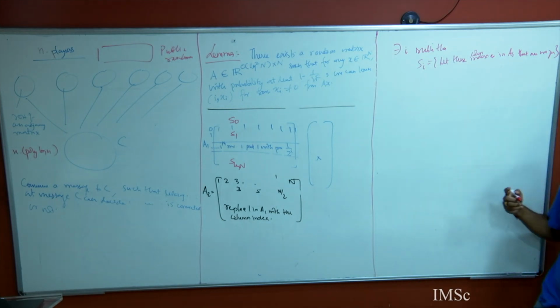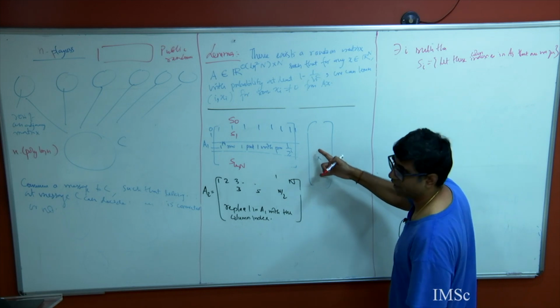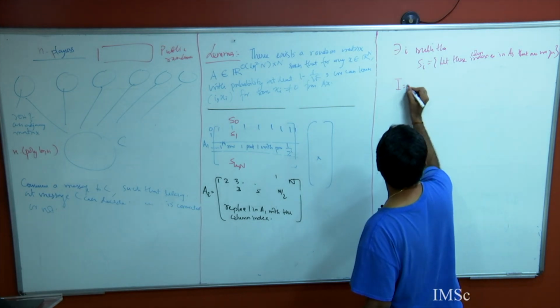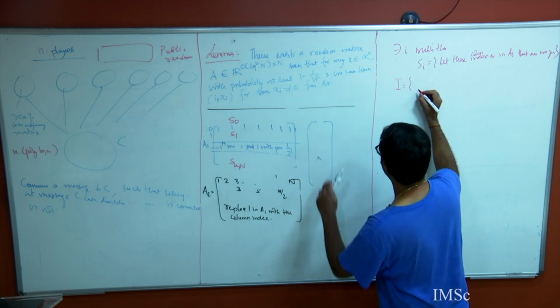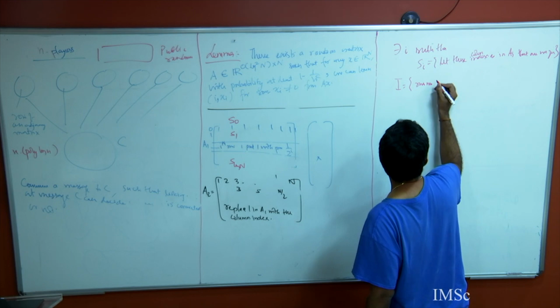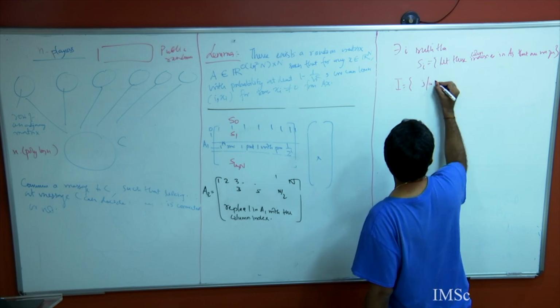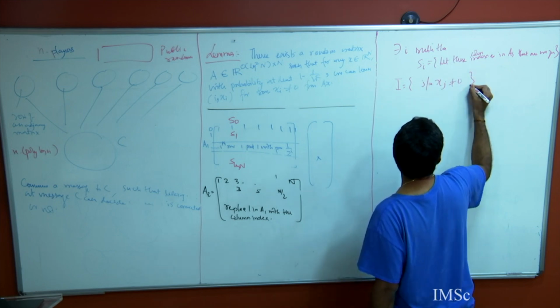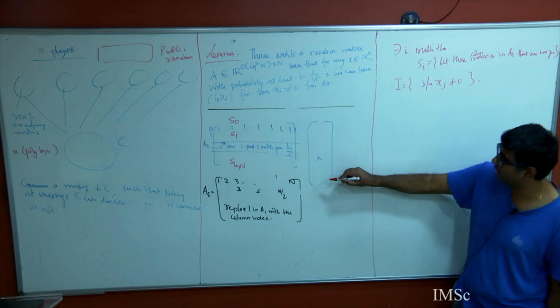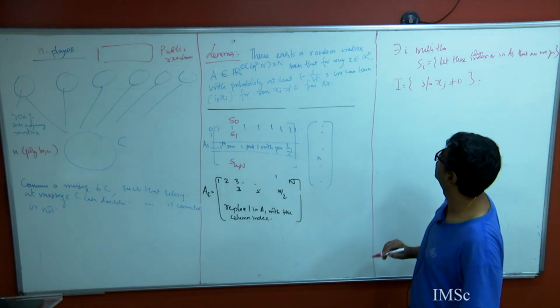Now look at the non-zero entries of x. Let I be the set of j such that Xj is not equal to 0. These are the indexes for which x is non-zero. So I have just collected the indexes for which it is non-zero.